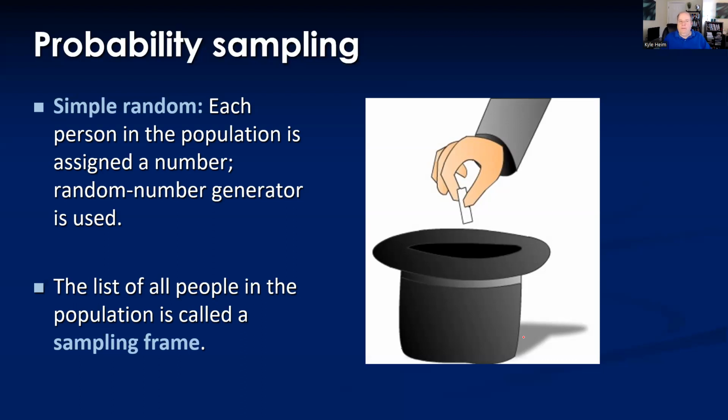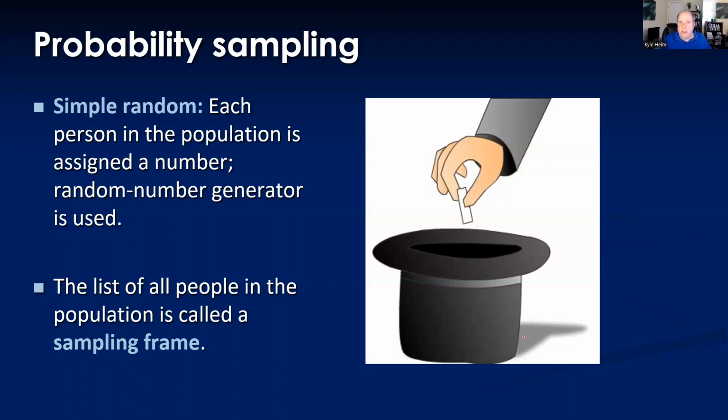Now, let me just say a couple of things here about random numbers. You may think that you can just come up with random numbers on your own: 2, 51, 364, 5,297. But we know that human beings never behave randomly. There is always a pattern, a rhythm to our behavior. So you can't trust yourself to generate random numbers.